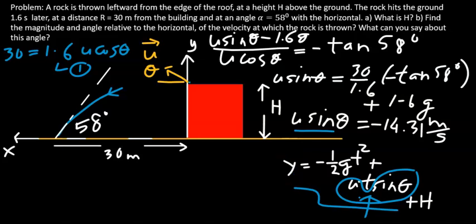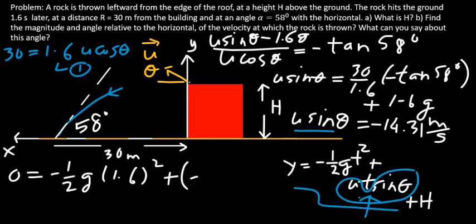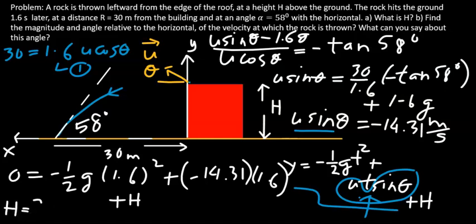So let's rewrite that. 0 equals minus half g 1.6 squared plus u sine theta, which is minus 14.31, times 1.6, plus h. And you can solve for h, which will give you h equals 35.45 meter. And that's the answer for part A.